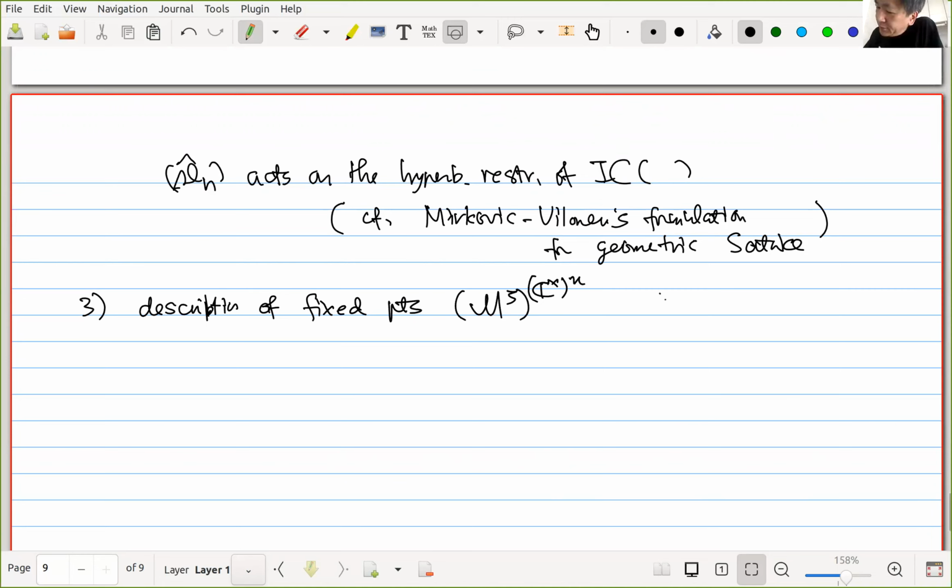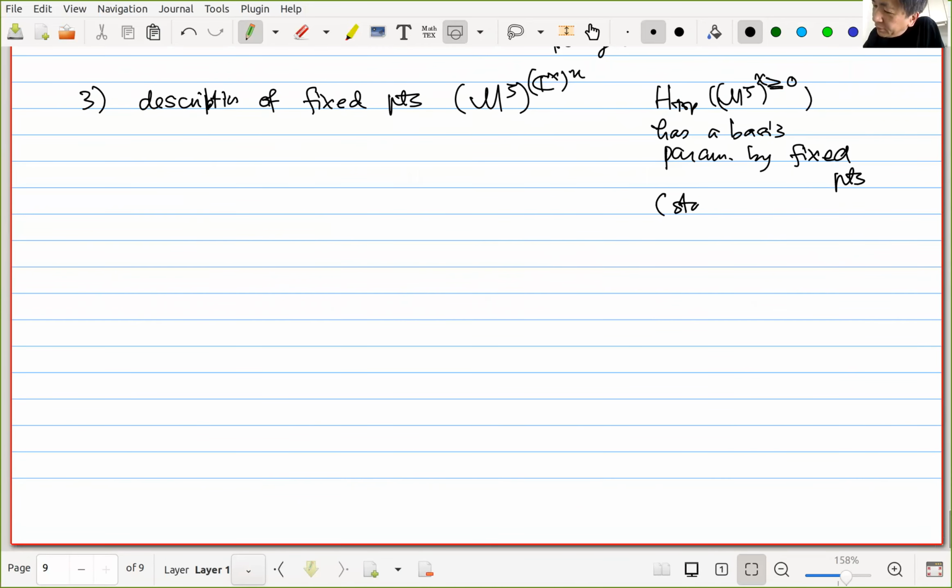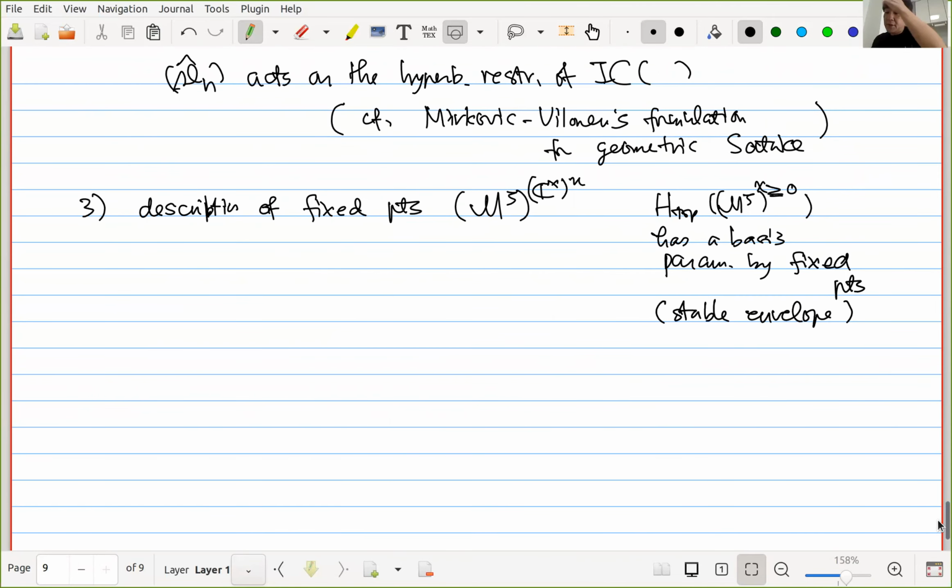So in fact, this H^top of the attracting set has a basis parameterized by fixed points. Maybe this is most elegantly explained by the notion of stable envelope developed by Maulik and Okounkov. But roughly, you take a fixed point and consider the attracting points which flow to the given fixed point.